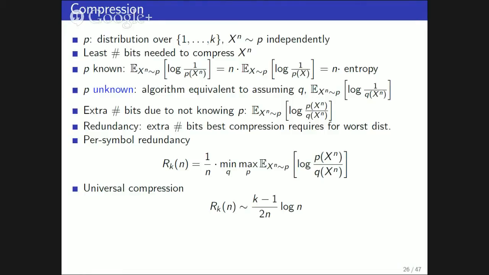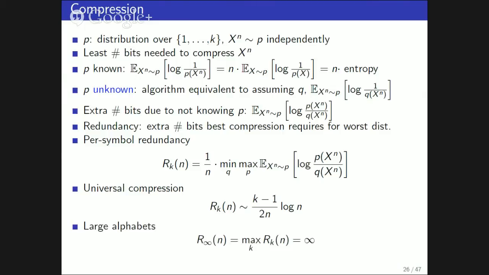What can you say if k is much larger than n? For example, if you try to compress a news article, the length is maybe a few hundred or 1,000 words, but the alphabet size is 500,000. So log n over n is small, maybe, but n is 1,000 and k is 500,000, so this term is huge.